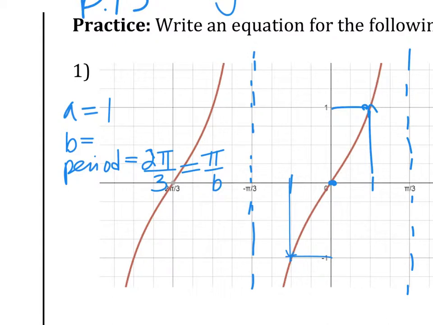Okay, no head nods, you guys are confused. Anyway, if you look at a tangent graph and you're trying to figure out the period, it is however long it takes to repeat itself. But you want to set it to the tangent period, not the cosine period or the sine period.